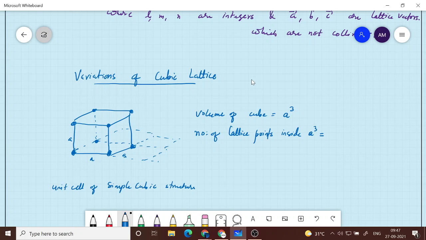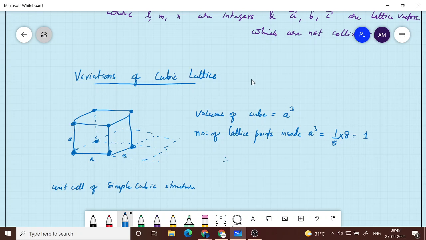So there are a total of 8 cubes taking this atom at their corner, so only 1 by 8 is part of one cube, and there are 8 such corners. So effectively there is only one lattice point per cube.